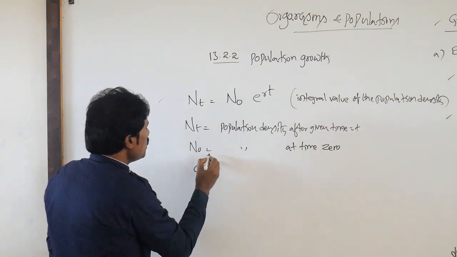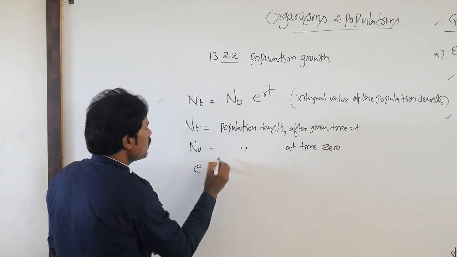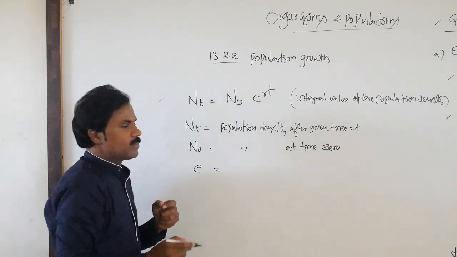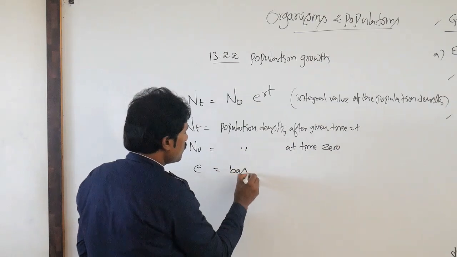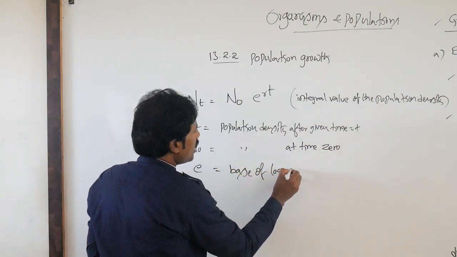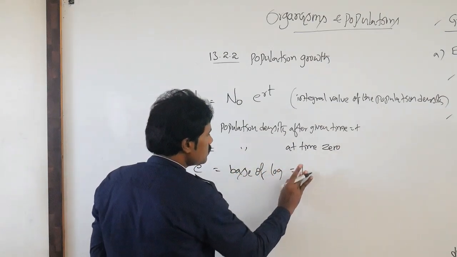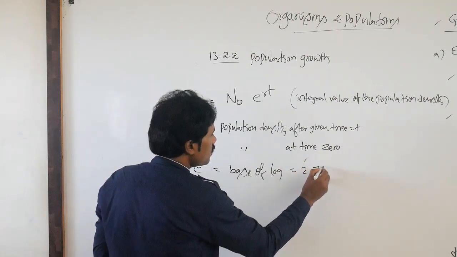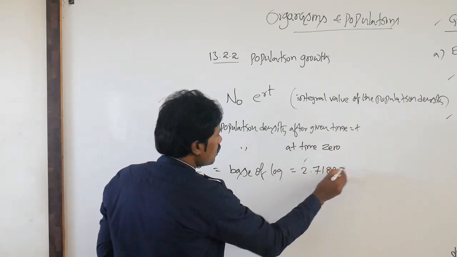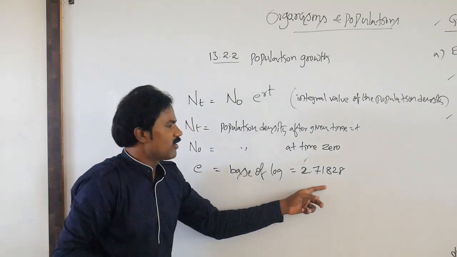Then e represents the base of the natural logarithm, that is 2.71828.